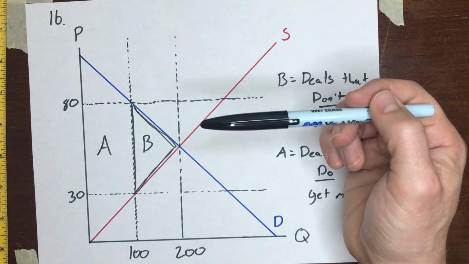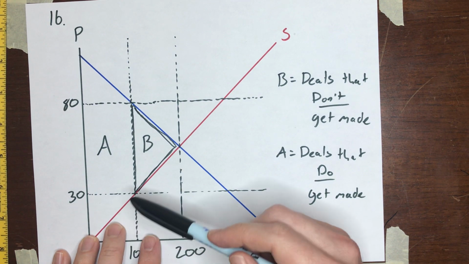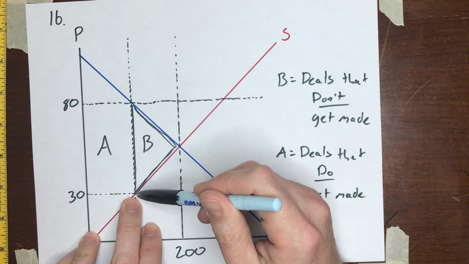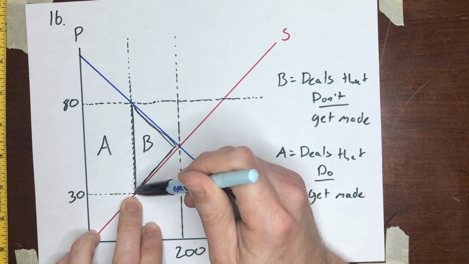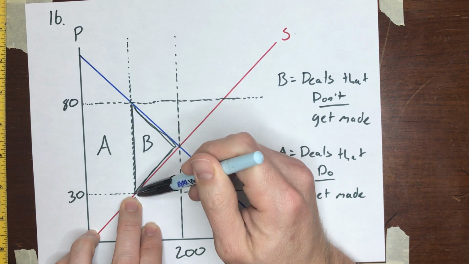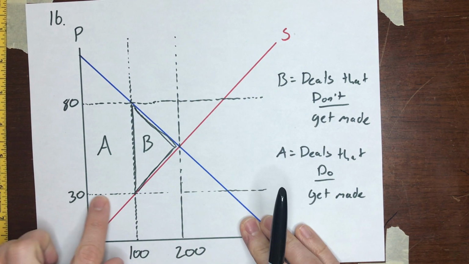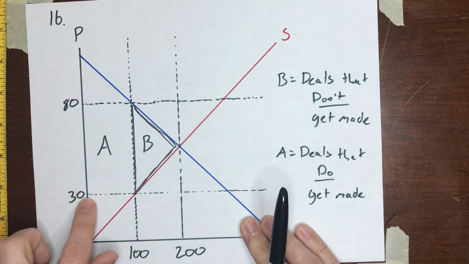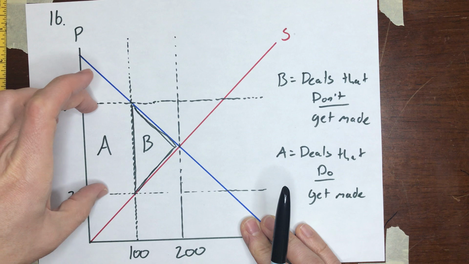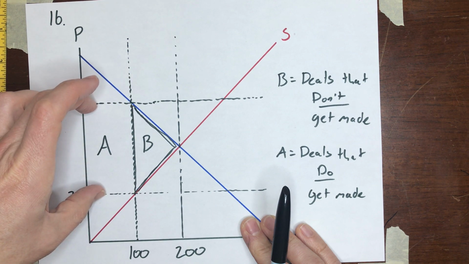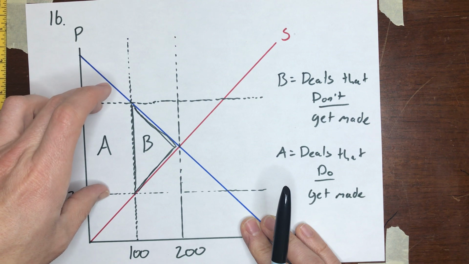If you have long lines and search costs, the buyers compete with each other by just waiting around and wasting their time, then you get this loss of $50 in time value on every unit that's traded, and that's multiplied by the 100 units that do trade. And so in that case, A would represent the loss from deals that do get made, in the sense of the value of the lost time on those transactions.